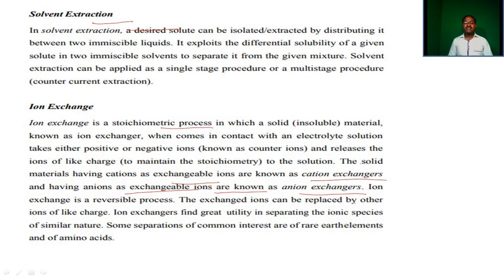Ion exchange is a reversible process. The exchanged ions can be replaced by other ions of like charge. The ion exchanger finds great utility in separating ionic species of similar nature. Using this method, generally we extract rare earth metals and amino acids.